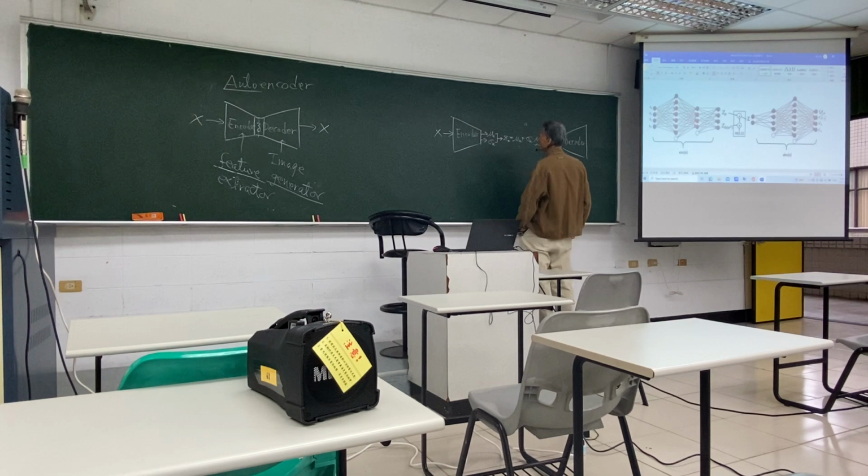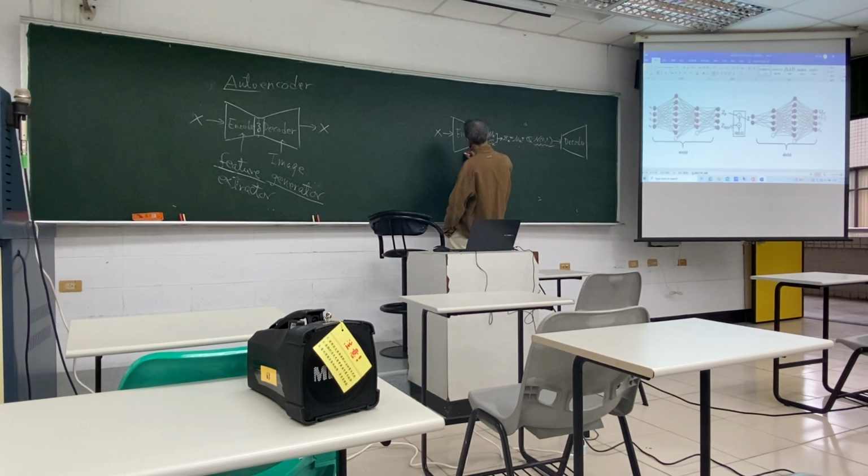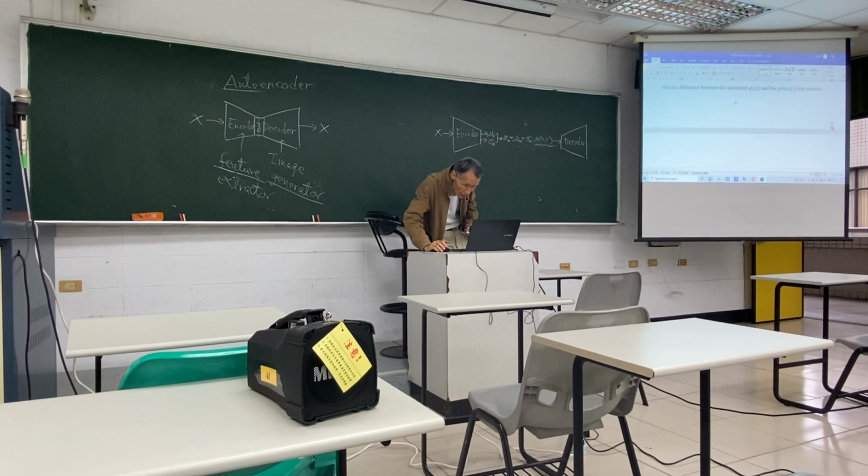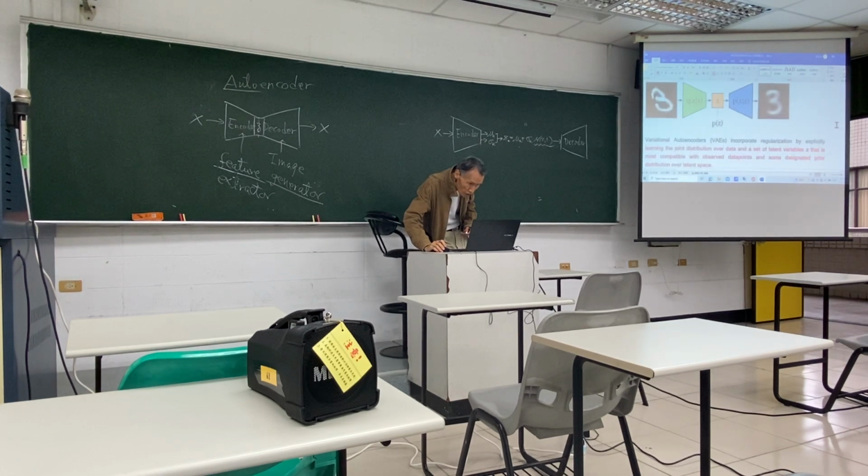So for this one, we try to estimate, just like what we did here, given input X, what should be the distribution? Hopefully, we look for the Z that will follow a Gaussian distribution.